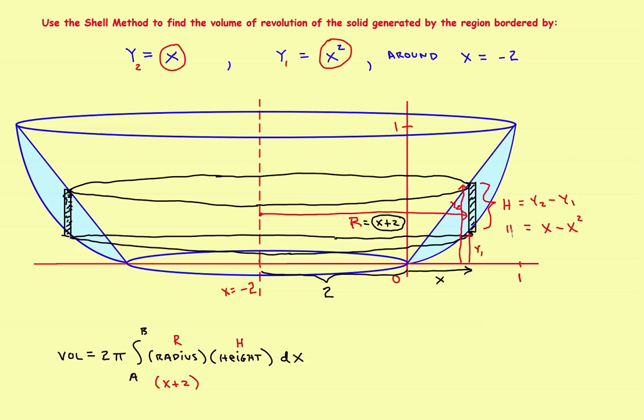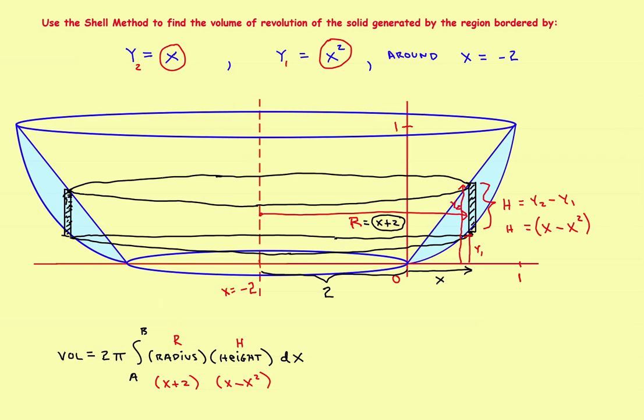So the height, if you change it into terms of x instead of terms of y, would be x minus x squared. So down here you can put an x minus an x squared. And really at this point, the hard part of the problem is over. The hard part is getting the radius and the height in terms of x.